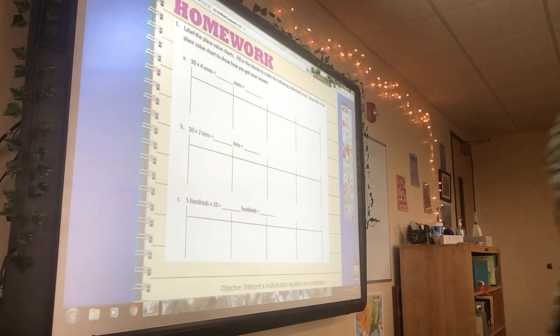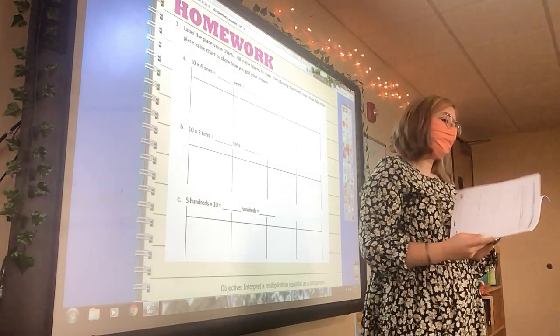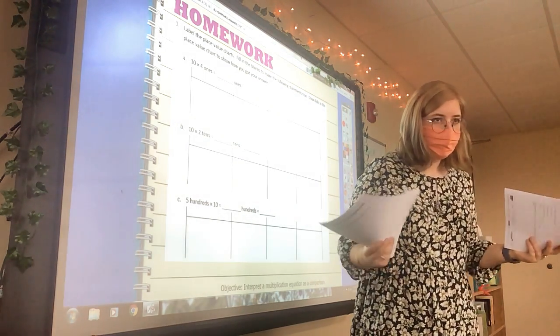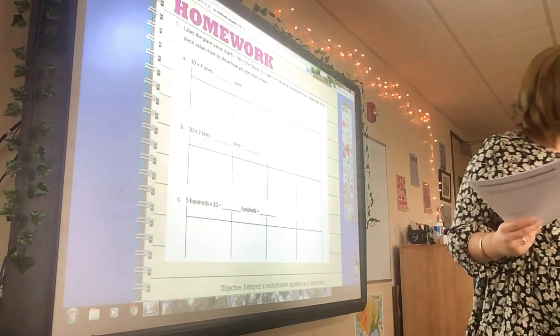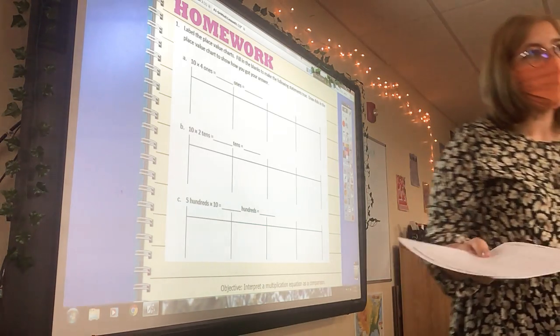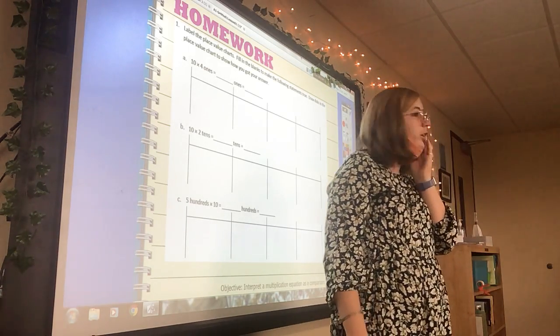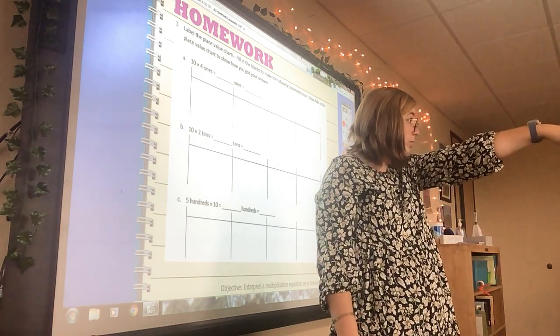And who are your paper monitors? Paper monitors, you can put the extras in the 4th grade extras bin.